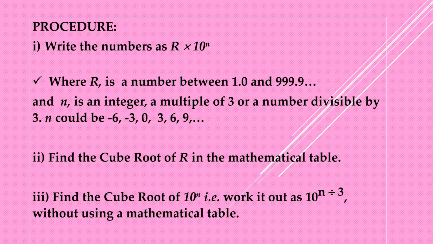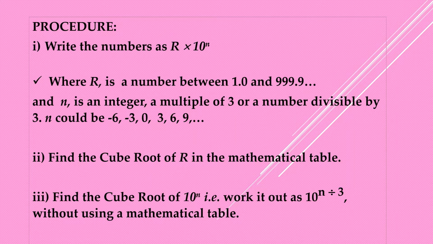This is how we work it out: for 10 raised to power n, we are not going to use mathematical tables. We divide that n by 3, and by doing so, we get the cube root of that part of 10 raised to power n. In this case, we have solved that part without use of mathematical tables.